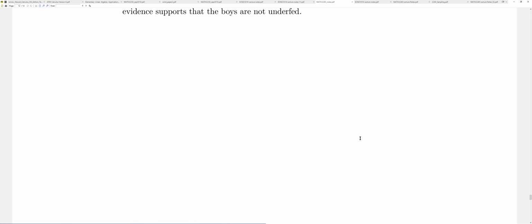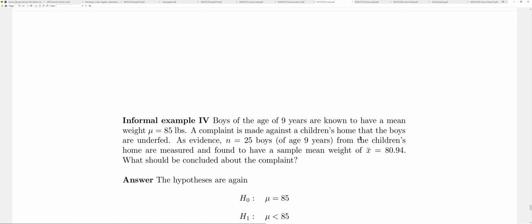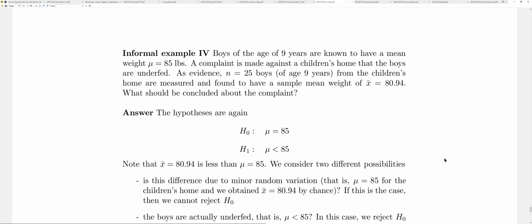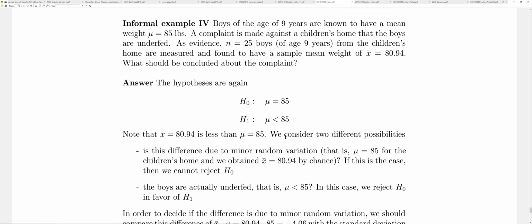But in this case, because the difference is 4, I can't just push it under the carpet. I need to investigate it further. So how do I investigate it further? Let's consider a couple of things.